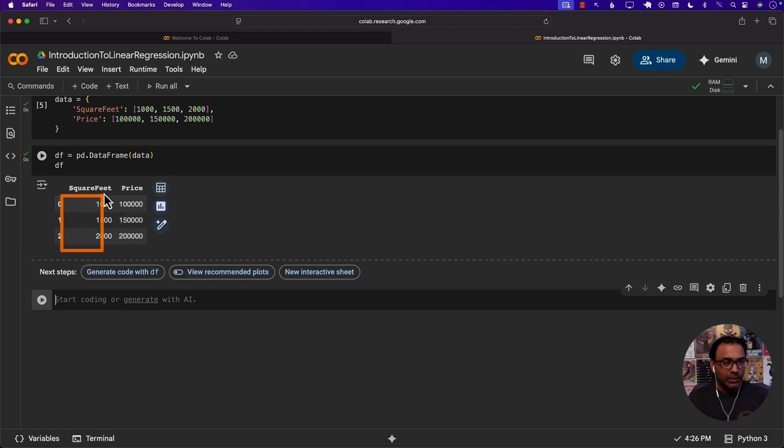Now keep in mind that square feet is the only feature column that we have, right? And this one is a column too, but that is the target column. That is the answer key, basically. So when the machine learning algorithm is going to learn, it's going to look at the square feet.